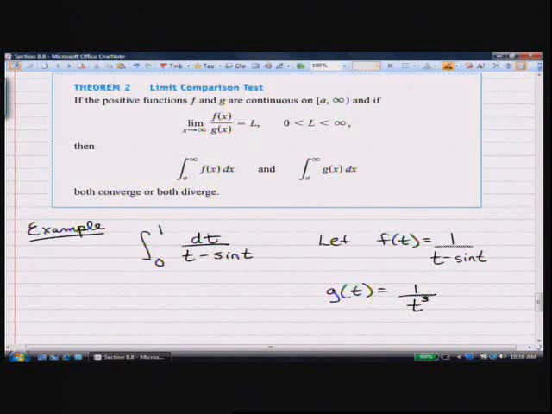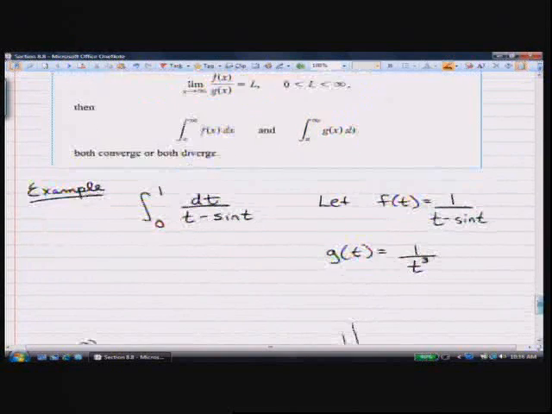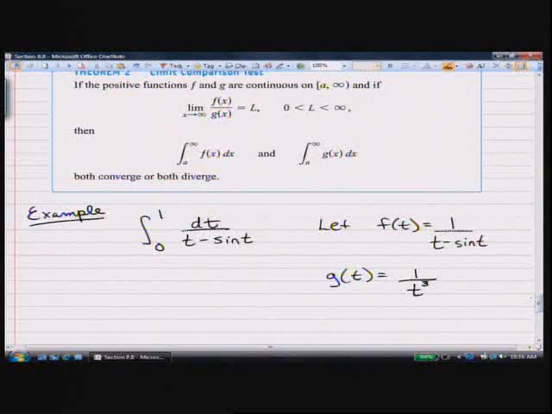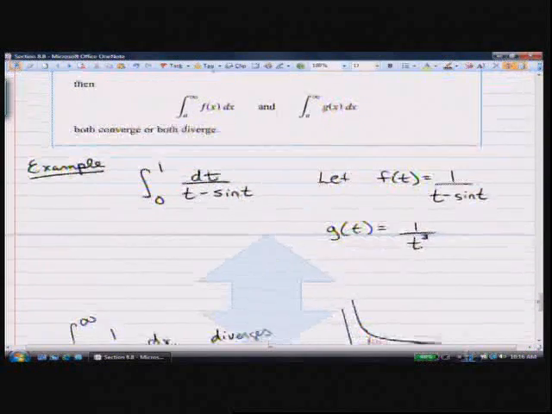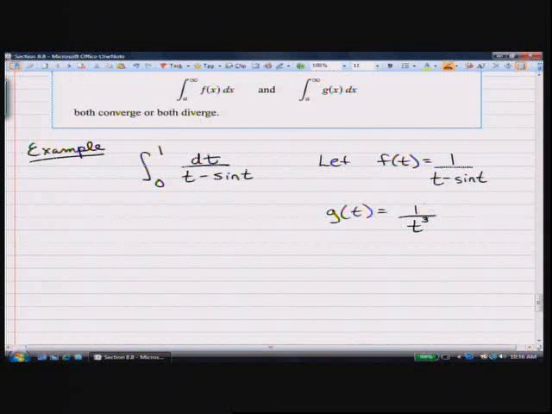And you might ask, why did you choose that? I think if you just go with me on this, you'll start to see a pattern to why we chose that one. So we're going to let g of t equal 1 over t cubed.